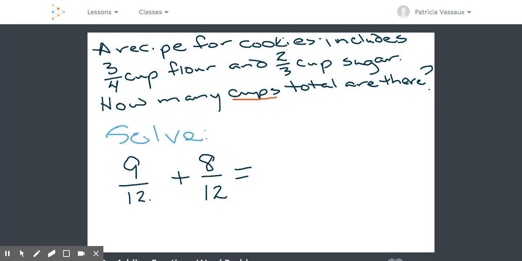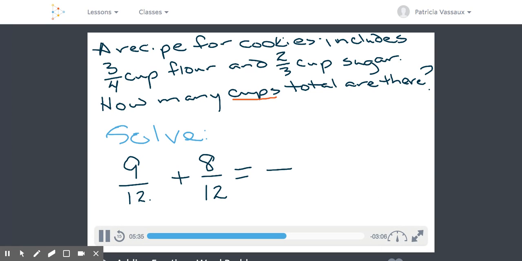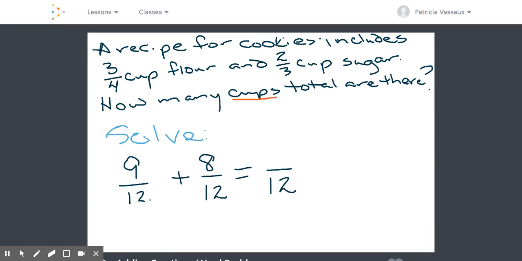The denominator tells you the size of the piece of the item. The numbers you count up and combine are the numerators. That tells you how many pieces you have. So we know our denominator will be 12, and we just have to add 9 plus 8, which gives us 17. Now our answer becomes 17/12 cups.